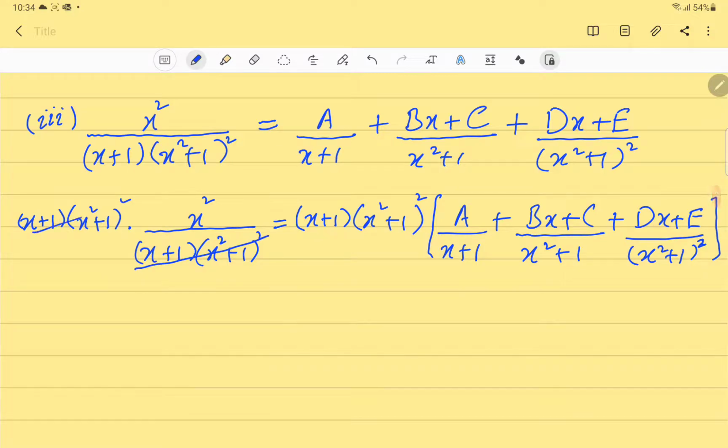This will cancel with this and we are left with x squared is equal to x plus 1.